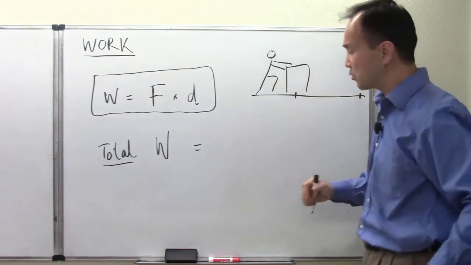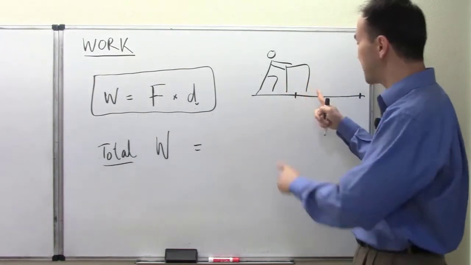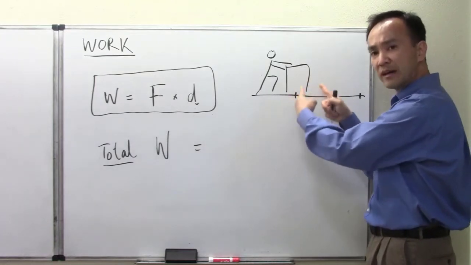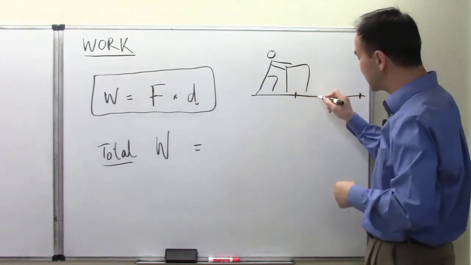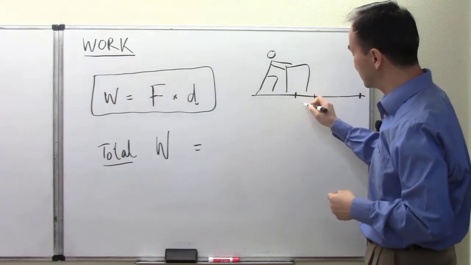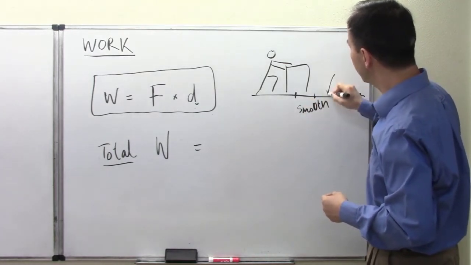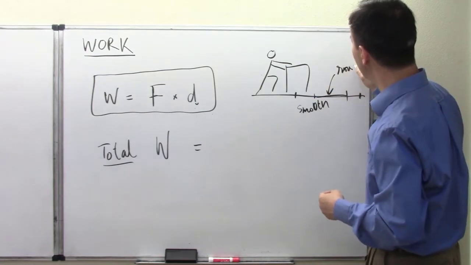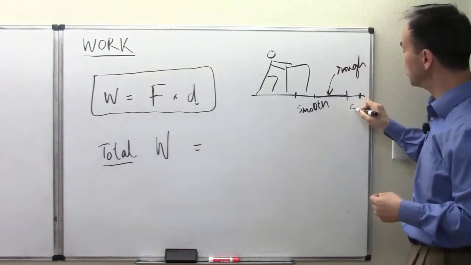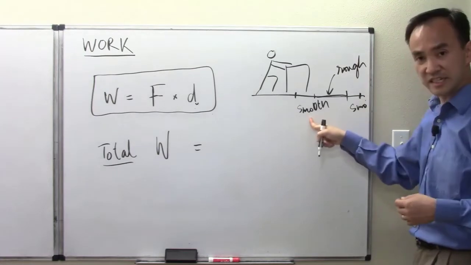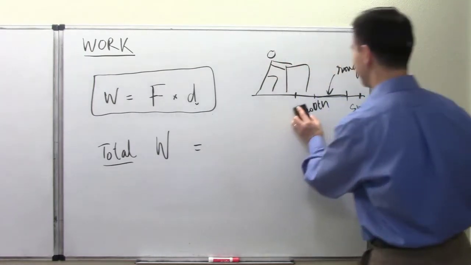Okay, and so that's why in the end it's best to accumulate the amount of work in each little section. Maybe in the section where it's smooth, and then rough. In this section here, it's rough, that means more force, and then it's smooth again, but maybe not as smooth as the other case right here.